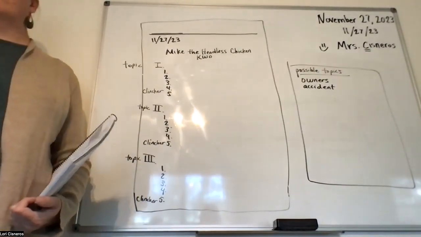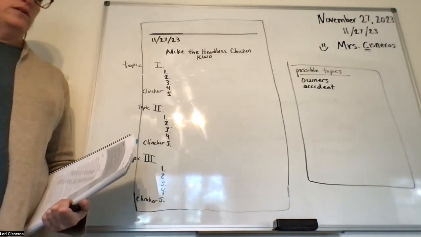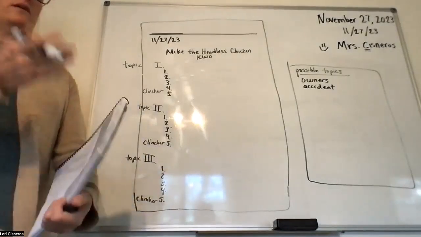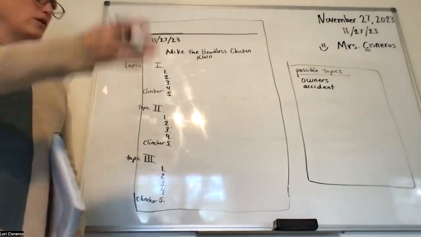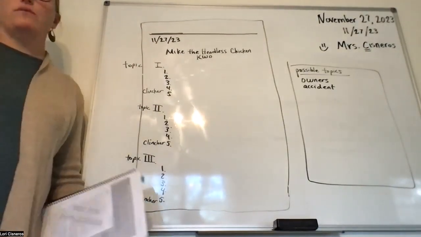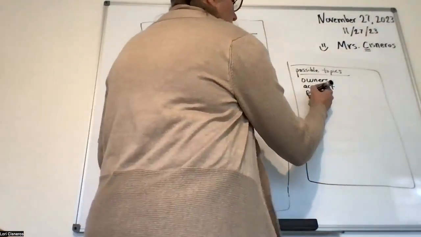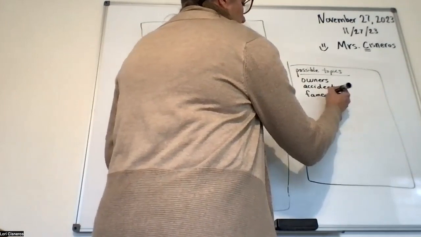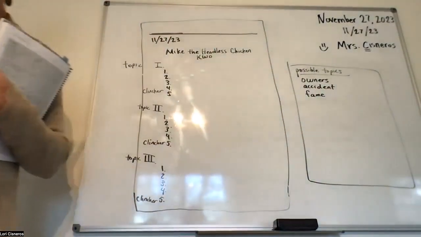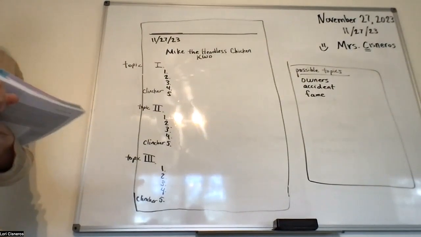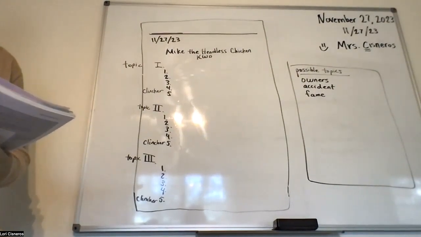What else do we hear about in this article? What are some other possible topics that are in here? We learned about his owners and the accident. What else did we learn about? His fame. Good. I like that. When did he get his fame?